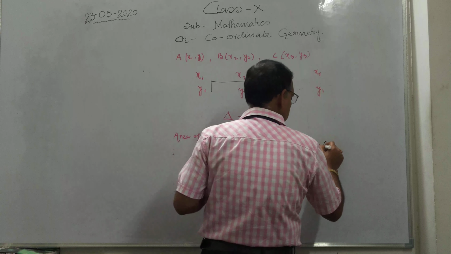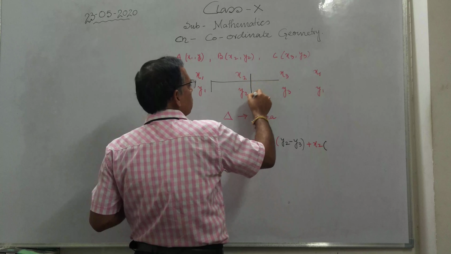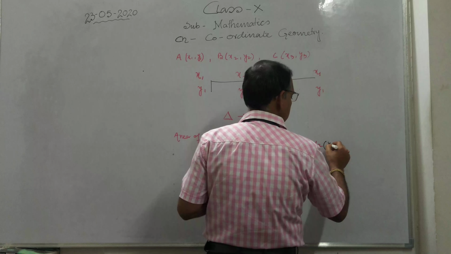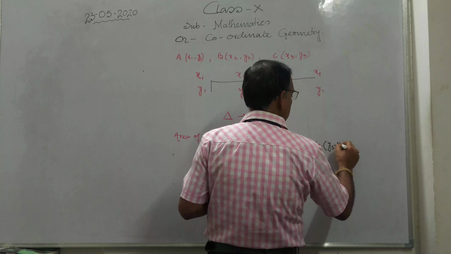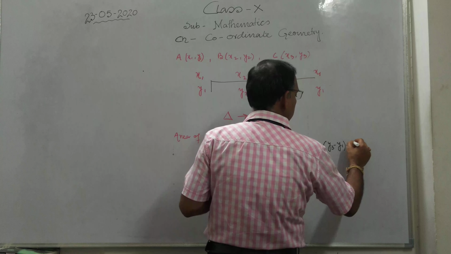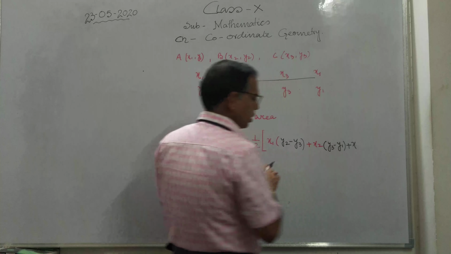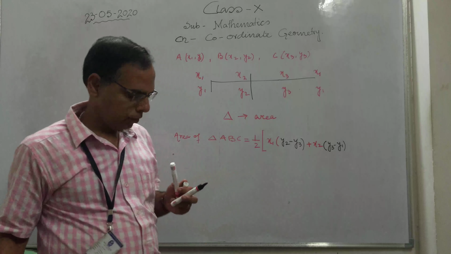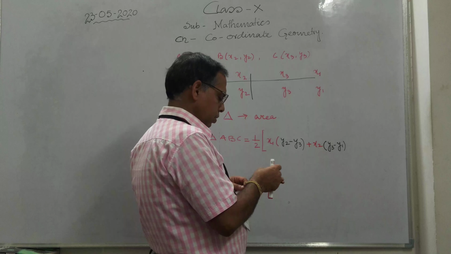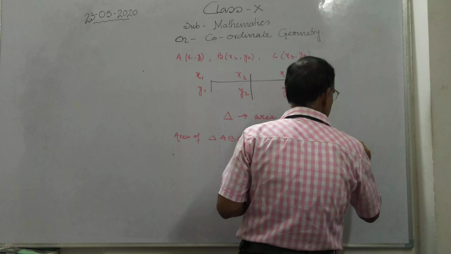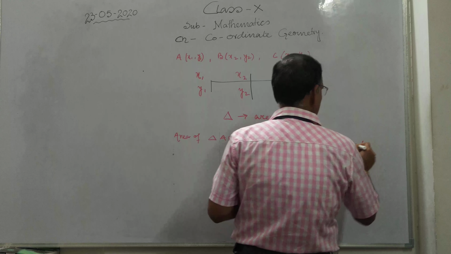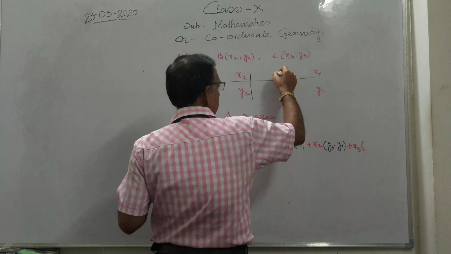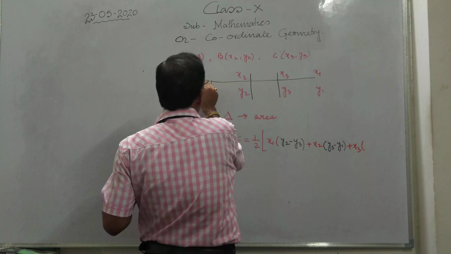Next, when you write plus x2, then that part is gone. So what is left? y3 minus y1. And last, when you write x3, then this part is gone.